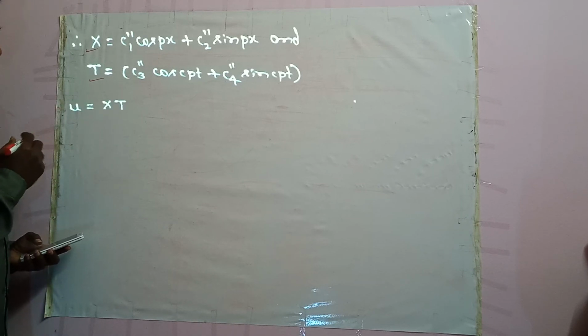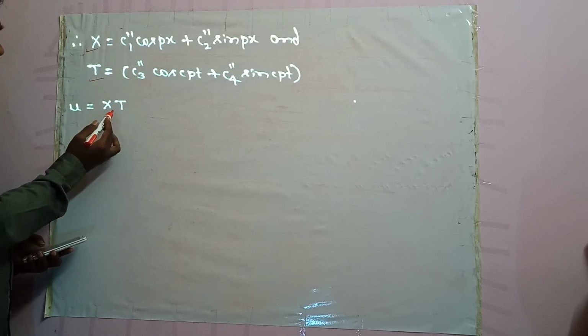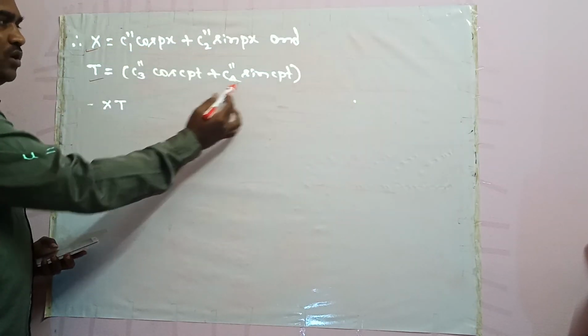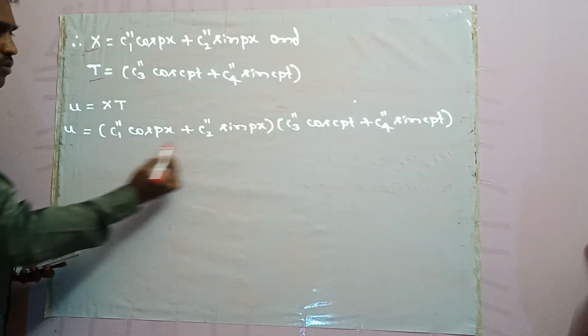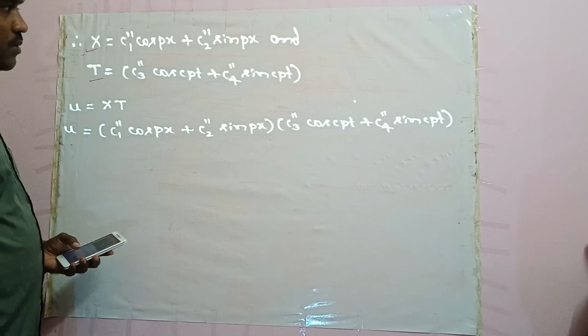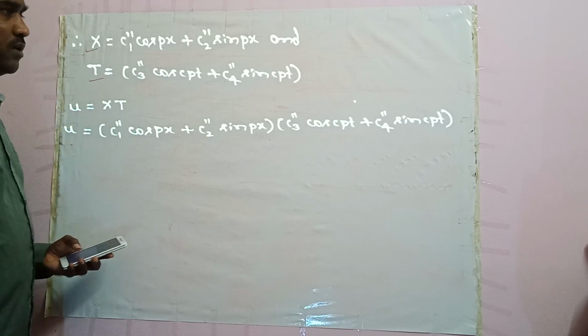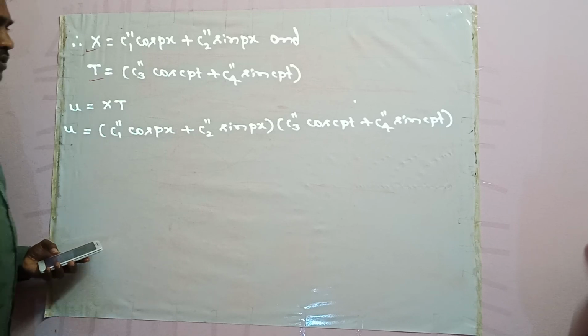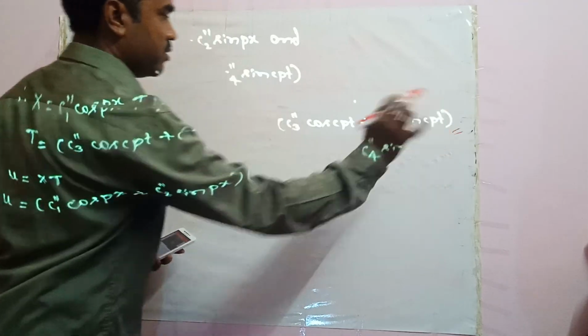Now what is our main solution? u is equal to x into t. Replace the value of x as this here and the value of t as this here. We get this. So this completes the various possible solutions of the one-dimensional wave equation by the method of separation of variables. So we are done with the solution.